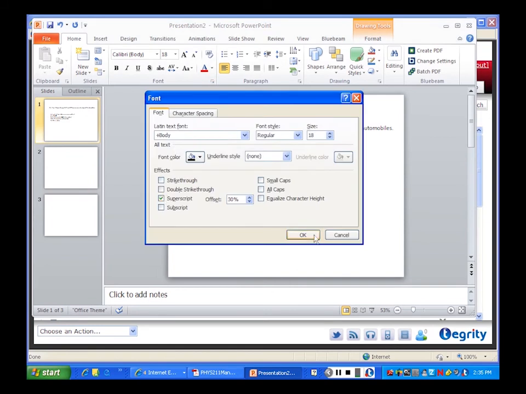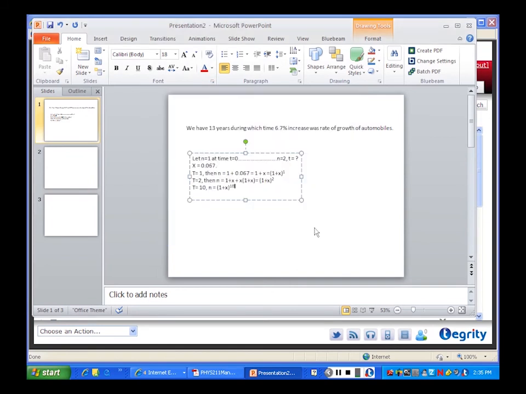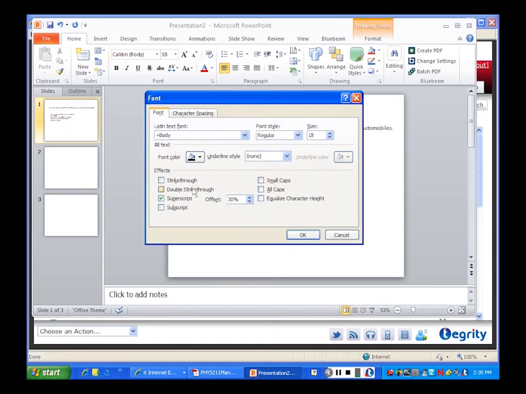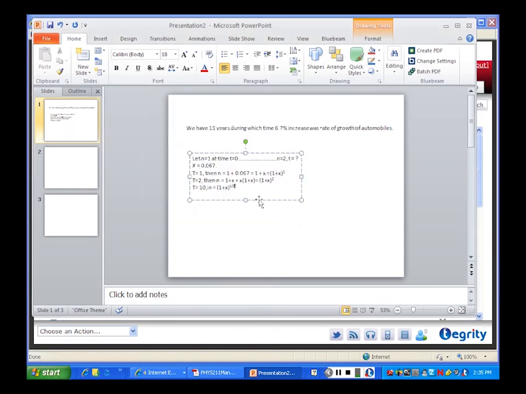And that would tell us how many vehicles were produced based on a 6.7, or that's our x value, that percentage increase in a 10-year cycle.